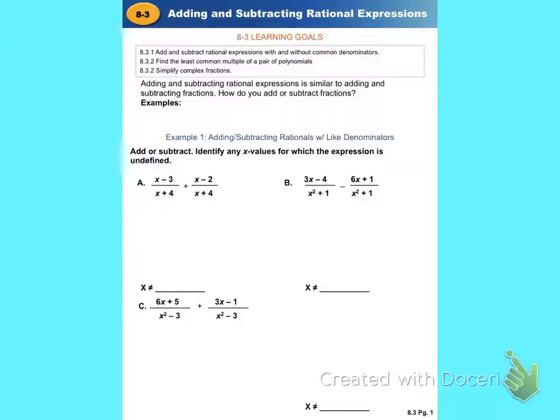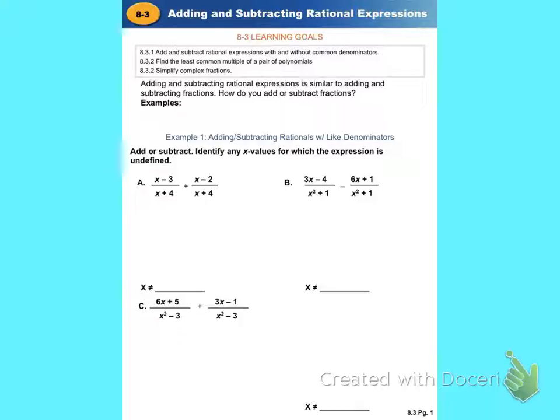Now usually, when we first start learning operations with real numbers, way back in probably preschool even, we learn about adding and subtracting first, and then multiplying and dividing. So why do you think it is that we started off with multiplying and dividing with rational expressions?